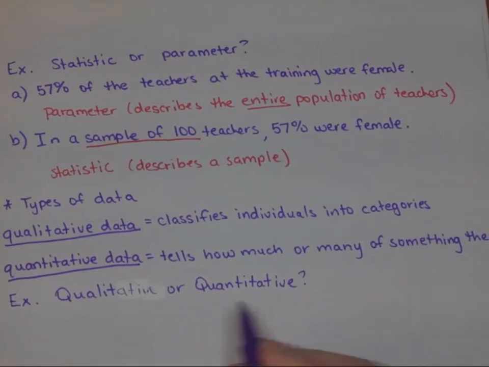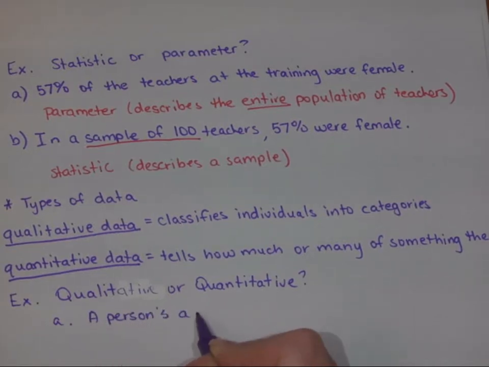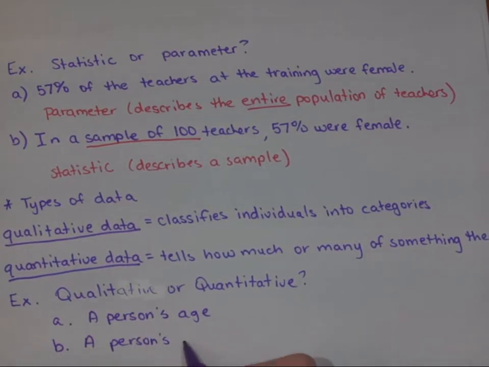So let's run through some different scenarios. A person's age, a person's gender, the MPG of a car, and the color of a car.